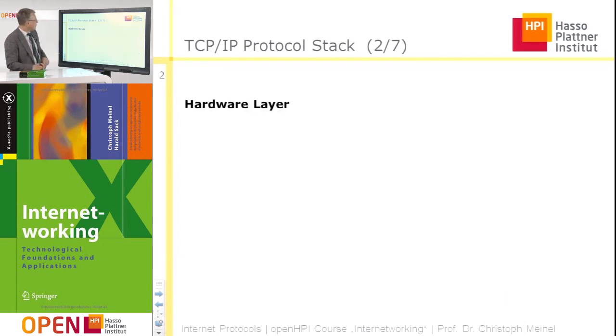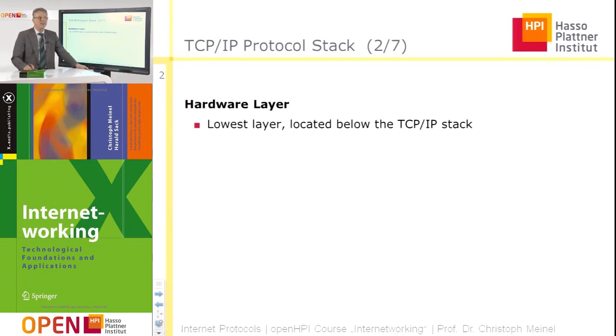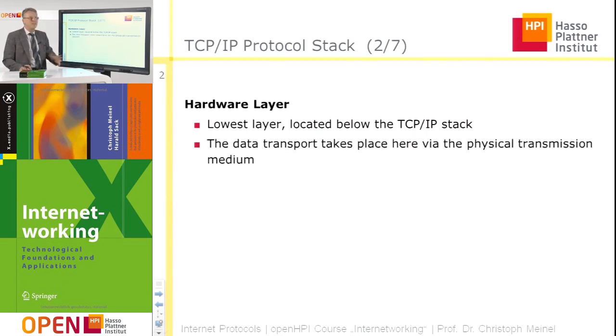Let's have a closer look at the different layers, and let's start from below. Let's start to consider the hardware layer. This is the lowest layer, located below the TCP/IP stack. I already mentioned that sometimes it's not counted as part of the TCP/IP protocol stack at all.